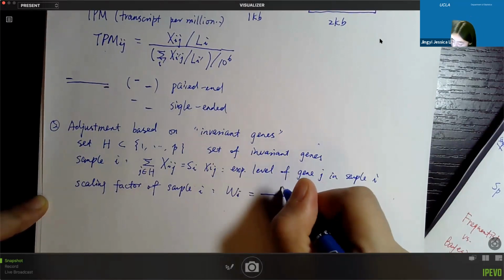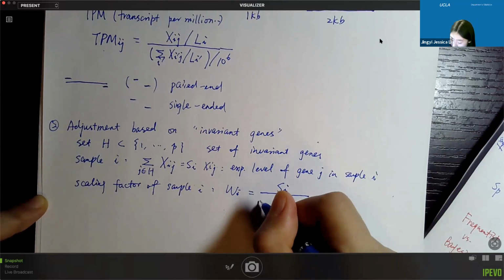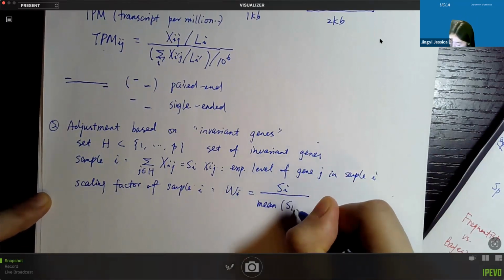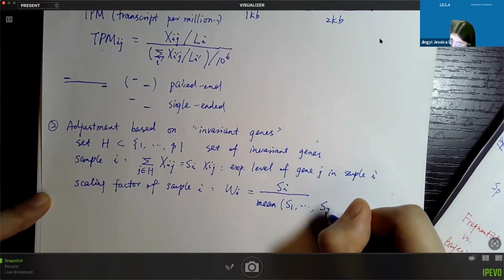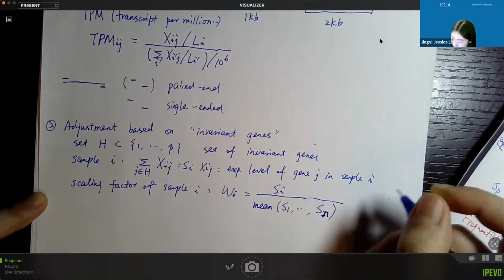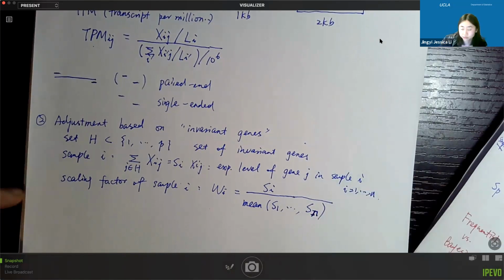It would just be Si over the mean of S1 to Sn. Suppose that you have n samples, i from 1 to n, in total. So that will give you a scaling factor.